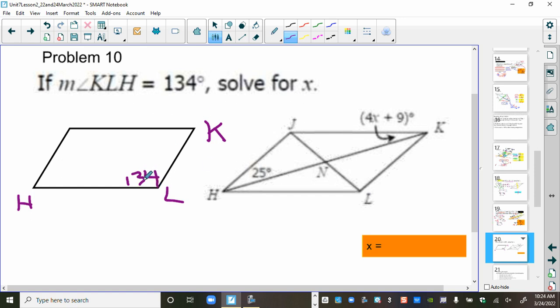Now, if KLH is 134, then we could just say LHJ or JHL must be how many degrees? Well, what must the sum of these two angles add up to be? 180. Grand total has to be 180. So this guy plus this guy has to equal 180. But what do we do with the 134 and the 180 to get that remaining amount?